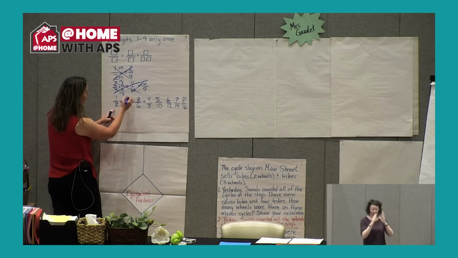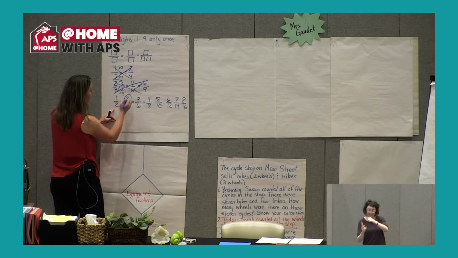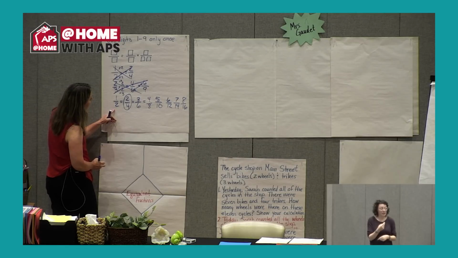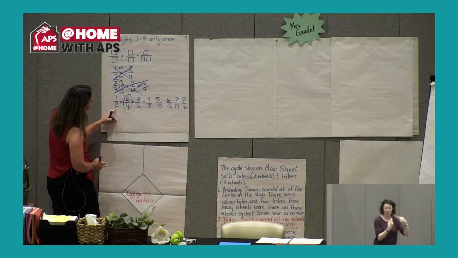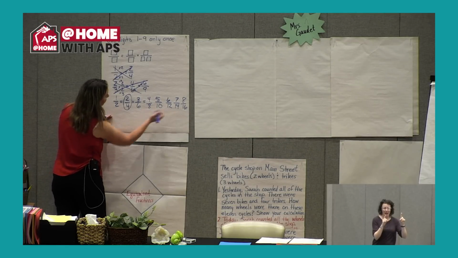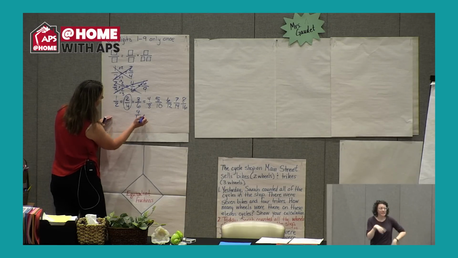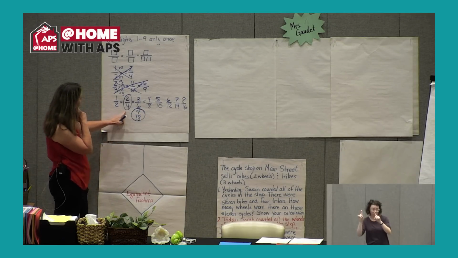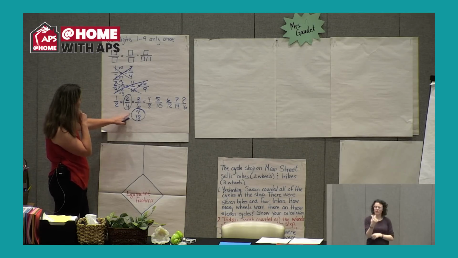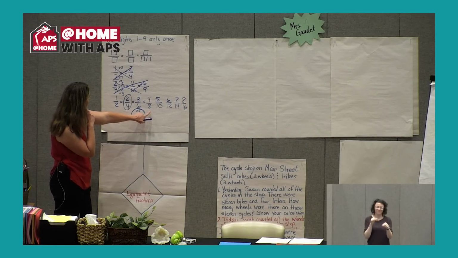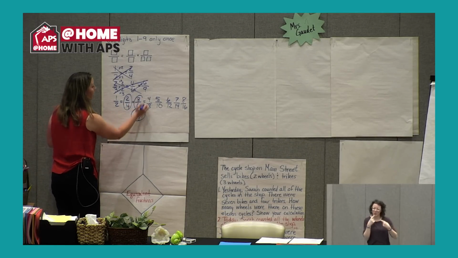So I see here my 2 and 4 work. Which other ones? 8/16, 9/18. My 9/18 works. Do I have another one where it works? My 4/8 won't work. My 3, there we go.